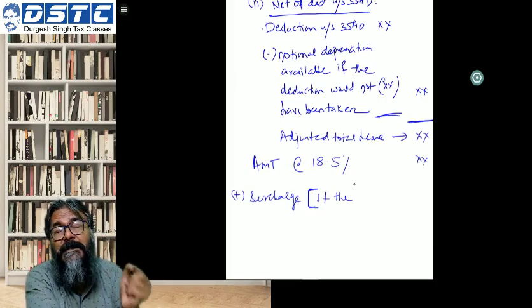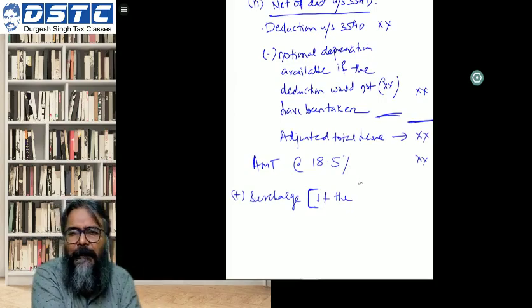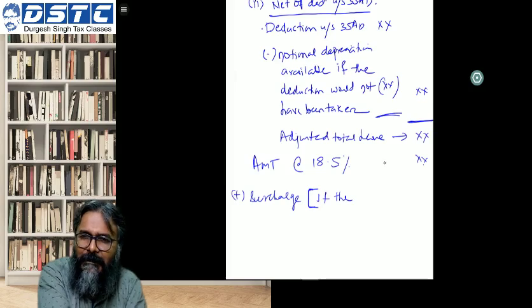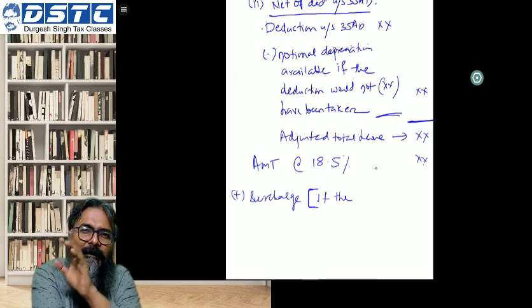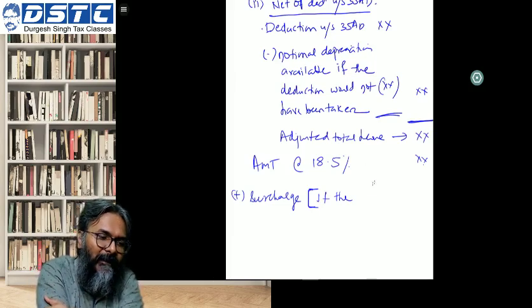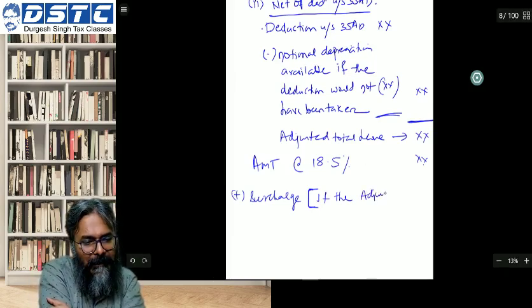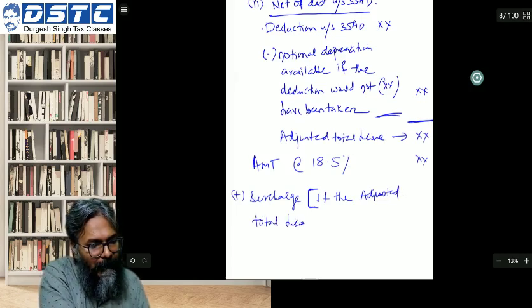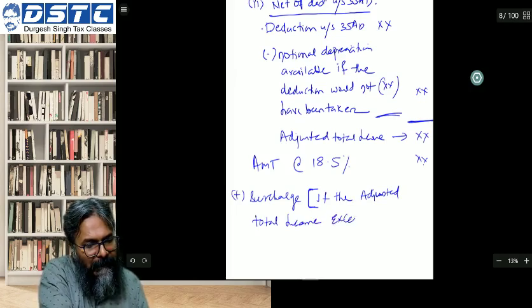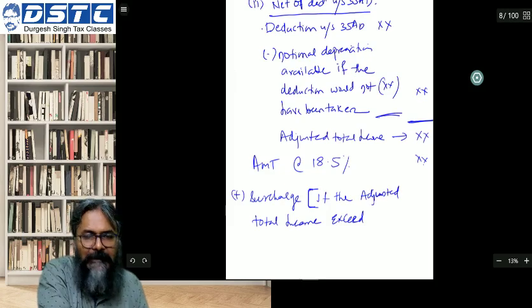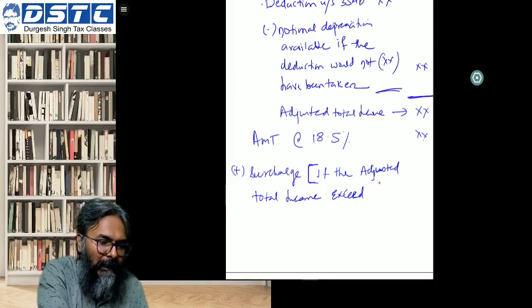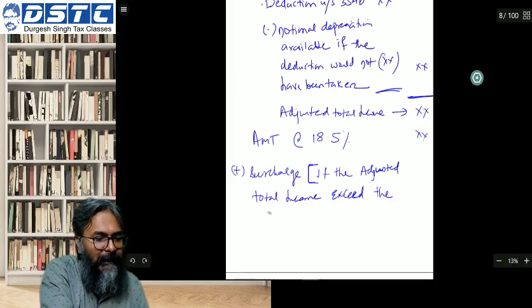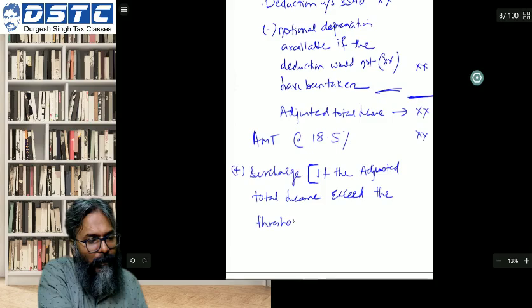So you write: if the adjusted total income exceeds the threshold for surcharge.